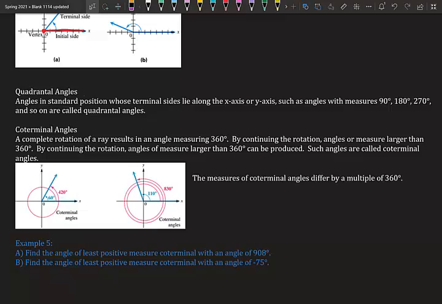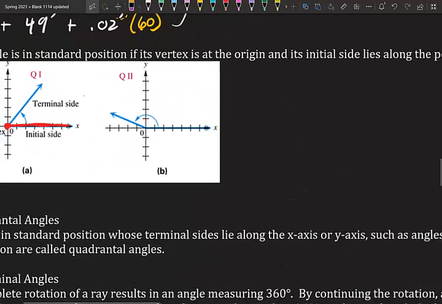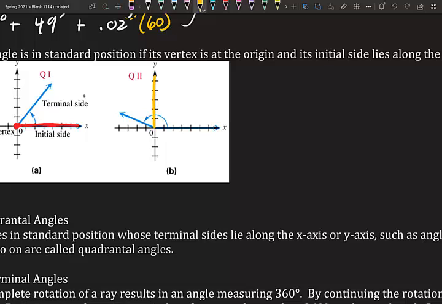So what the heck does that mean? That means if we had an angle that went like this, or like this, or like this, and so on. They're angles that fall perfectly on one of the axes.